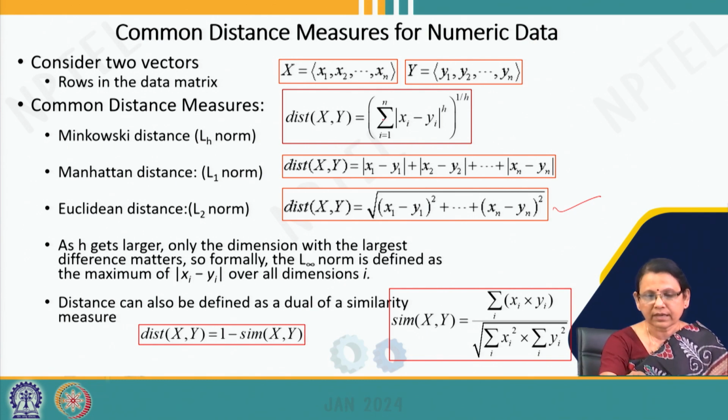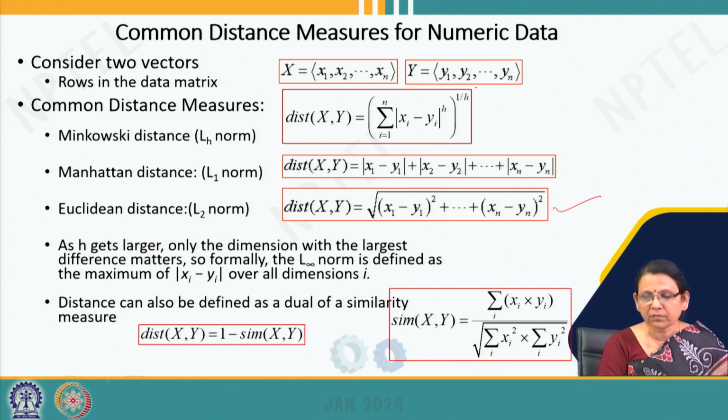If we have two vectors x and y with n elements, x1 to xn and y1 to yn, then we can find the Minkowski distance by taking the absolute value of the difference, raising it to the power h, summing them up, and taking the hth root of that.